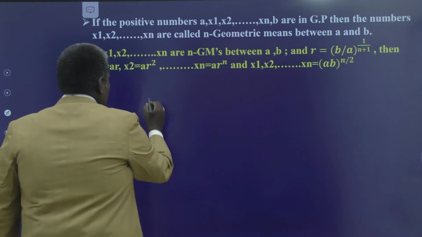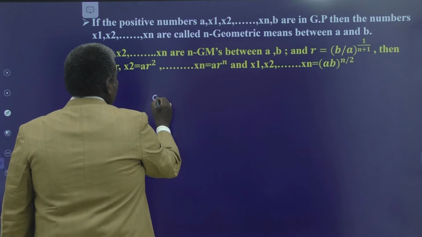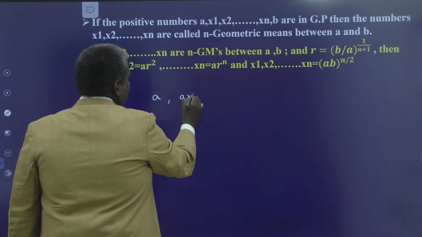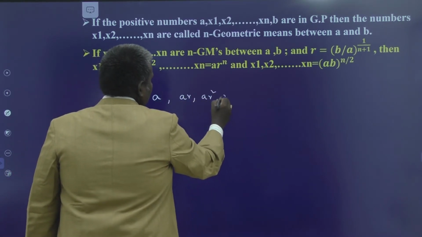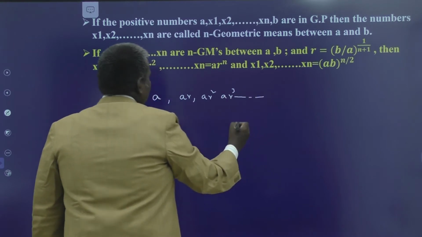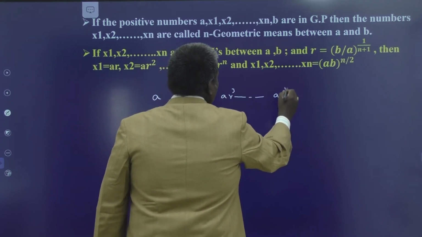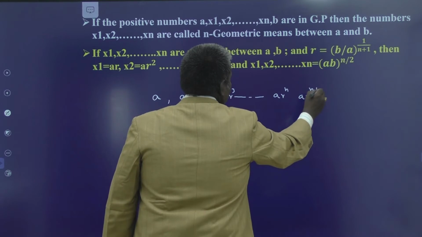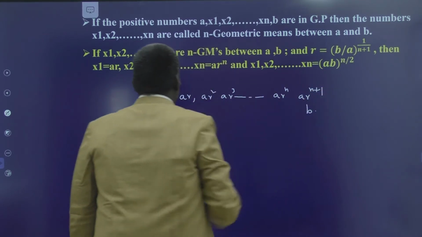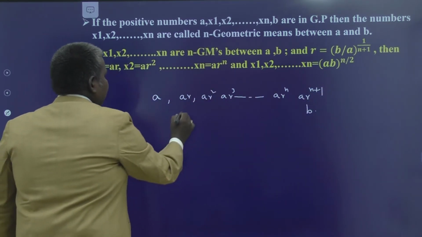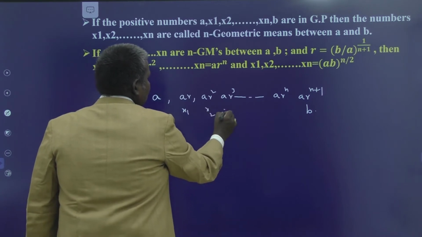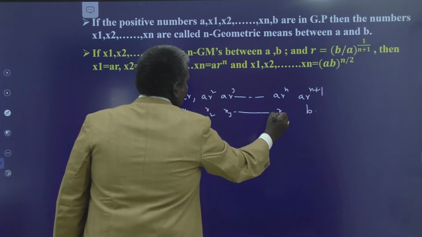See here, consider the geometric progression a, ar, ar square, ar cube and so on up to ar power n plus 1. This last term is b. This is my x1, this is x2, this is x3 and so on up to xn.